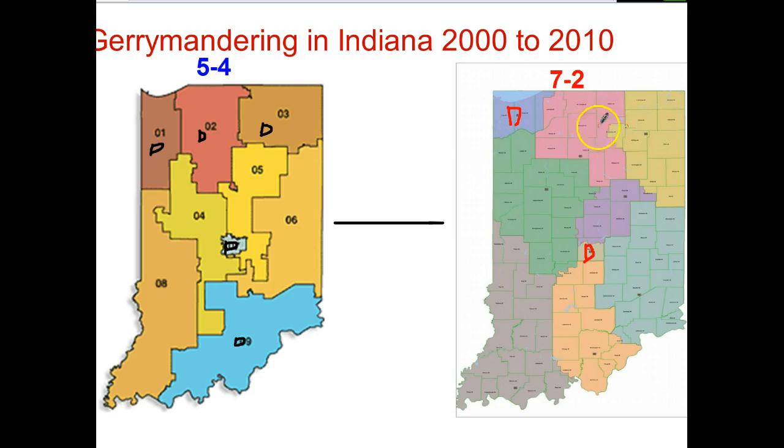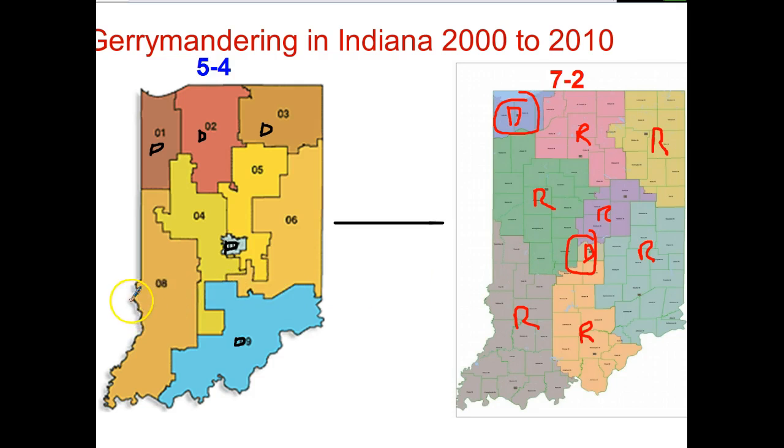Traditionally we had Republican or Democratic districts, but now District 3 goes into a strong Republican area. So we're Republican, Republican, Republican, Republican, Republican, Republican, Republican. Democrats only make up 2 of our representatives now in the state of Indiana.